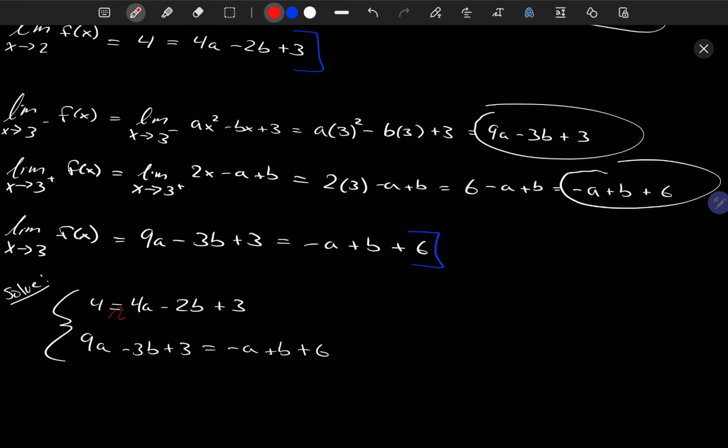And we can do minus 3, minus 3. We can do minus 6, minus 6, plus 9a and plus 3b, just to make sure.